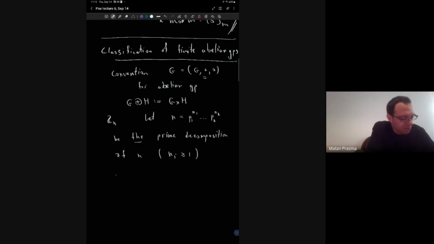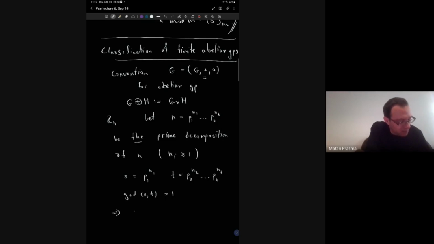Now, by the previous result, let's say s is equal to p1 to the n1, and t is equal to the rest of it, so p2 to the n2 up to pk to the nk. Then, of course, GCD of s and t is 1, because they do not have any common prime that divides them, and so they are coprime.